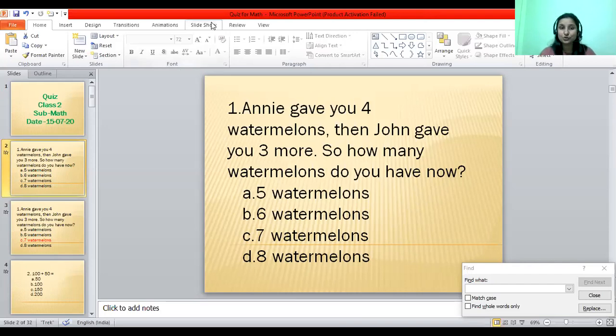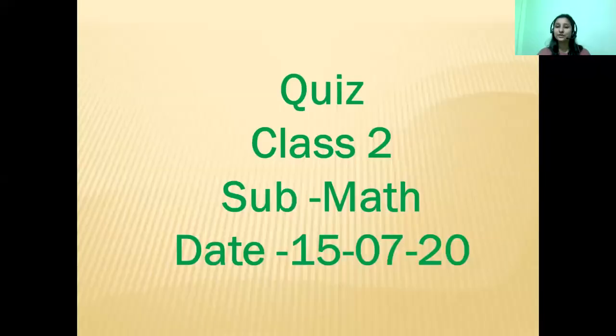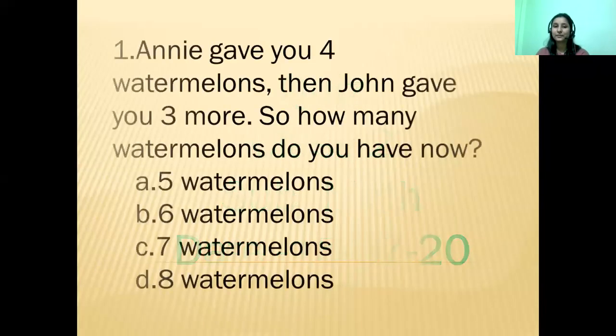Just think. Annie gave you 4 watermelons. Then John gave you 3 more. So how many watermelons do you have now? Write your answer on that paper.